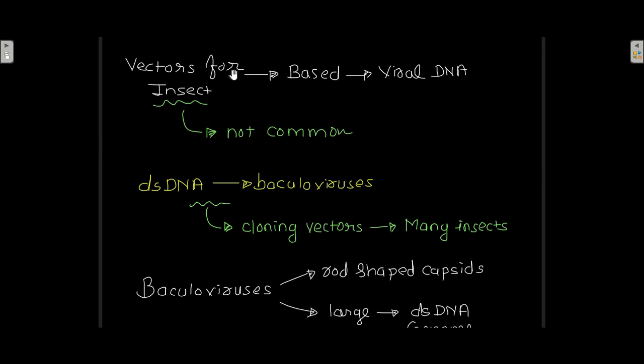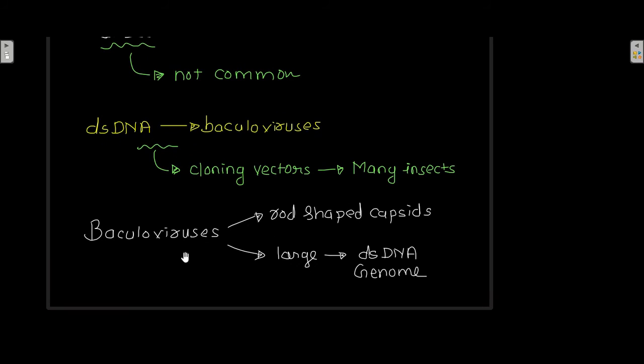Now, vectors for insects based on viral DNA are not common. However, the double-stranded DNA of baculoviruses is used as a cloning vector for many insects.